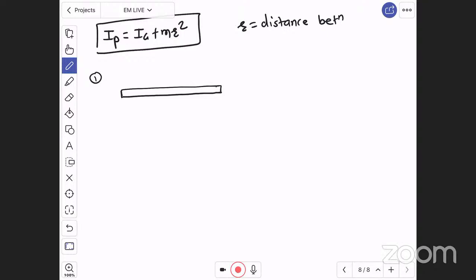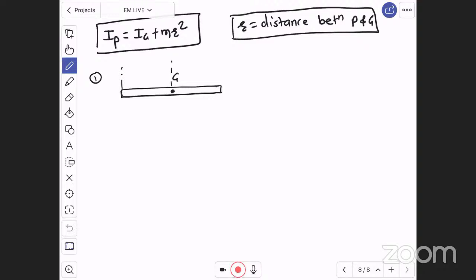Distance between point P and centroid. R is distance between any other point P and centroid, that is center of gravity G, right? Therefore, let us say for this rod of length L, G is at exactly center, that is from any one end G is at L by 2, right?